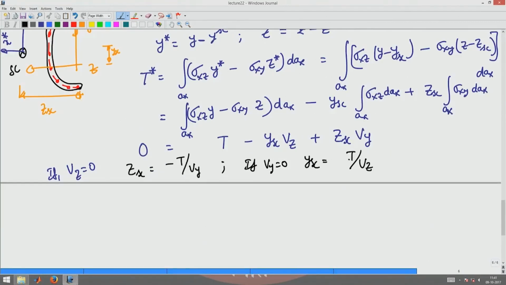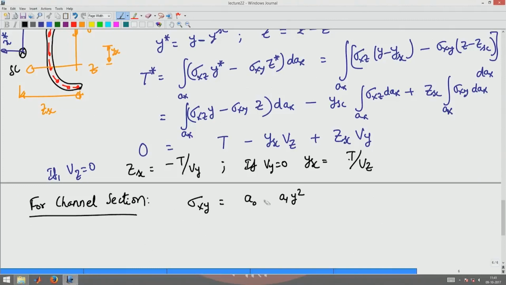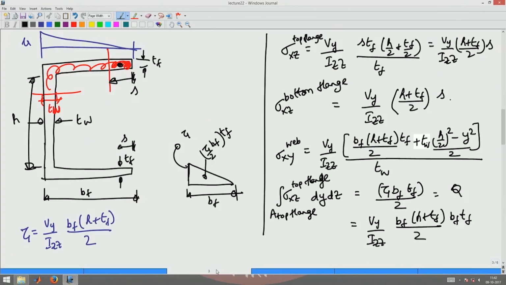We found that for the channel section, sigma xy was of the form some a naught plus a1 y square, or minus a1 y square.